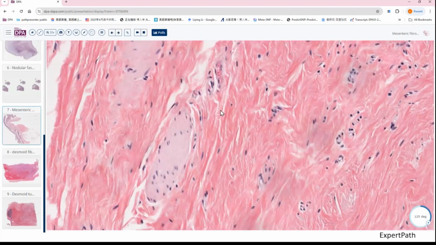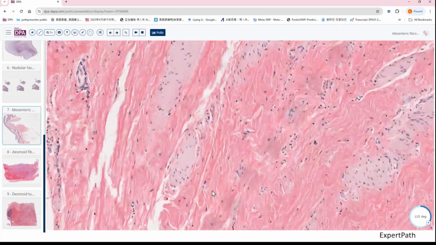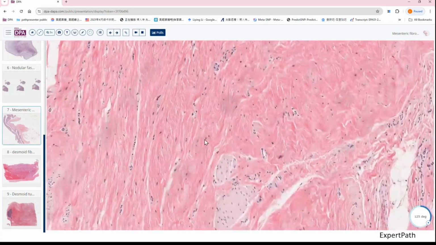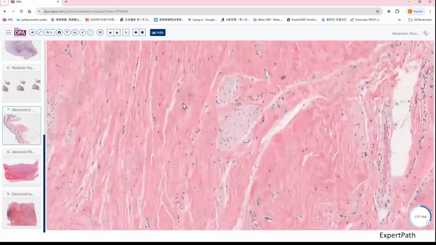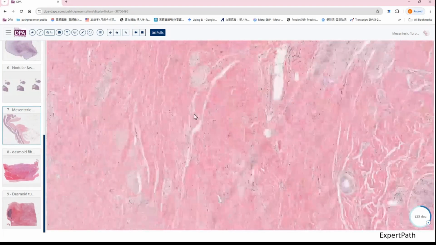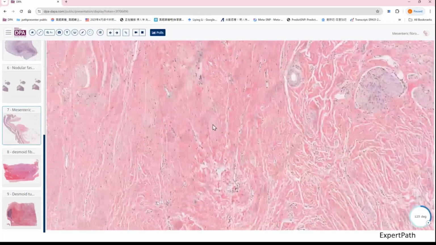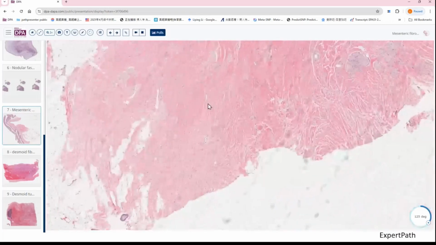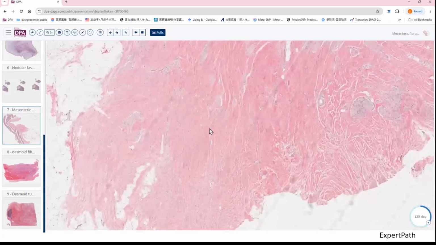Between the fibroblasts, we have this collagen bundle. So just this spindle fibroblast, myofibroblast proliferation in this location with an infiltrative border, and then we can do beta-catenin to confirm our diagnosis.